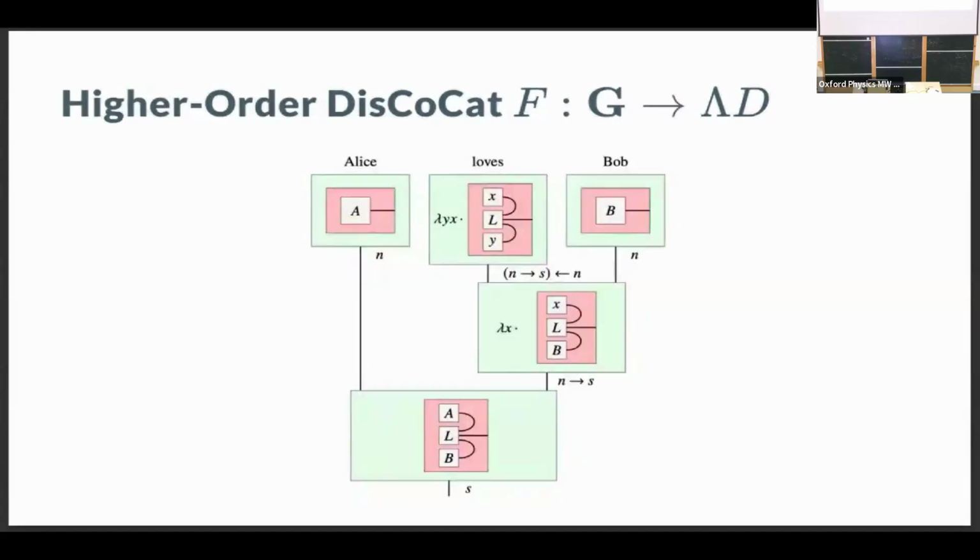So you can also recover the normal DisCoCat if you just interpret things in a kind of trivial way where Alice will go to just a noun Alice, and loves will go to something that takes a subject, an object, and returns the pregroup diagram, so the DisCoCat diagram for Alice loves Bob. So essentially that amounts to taking a monoidal closed category and then collapsing it to these rigid monoidal categories.